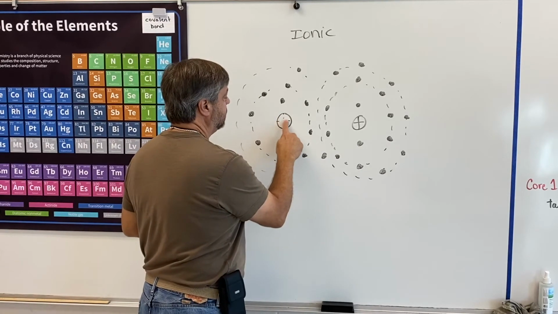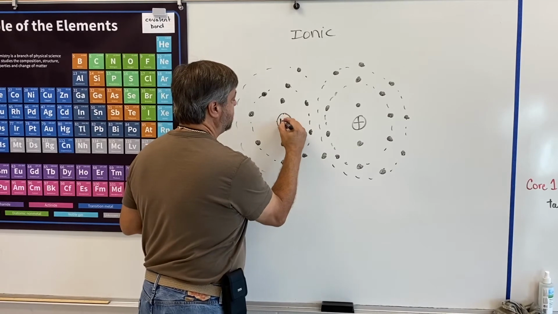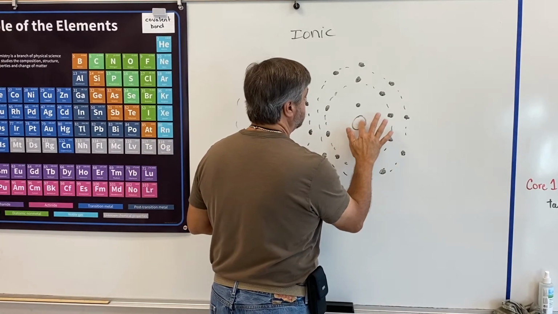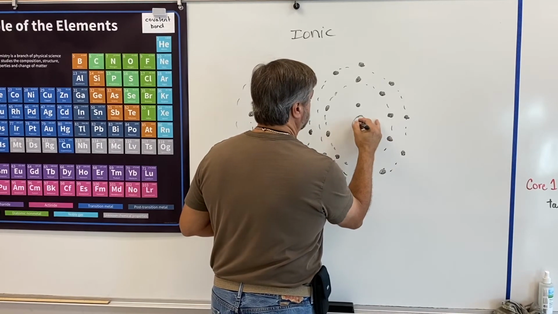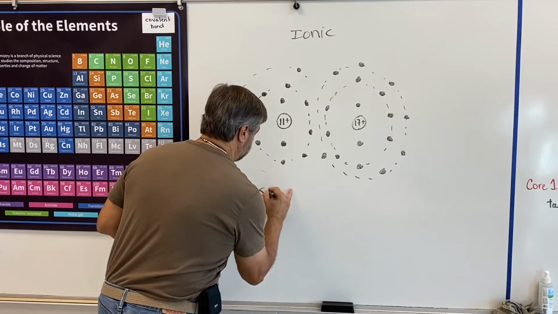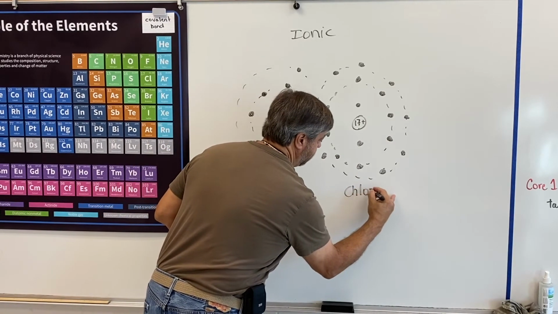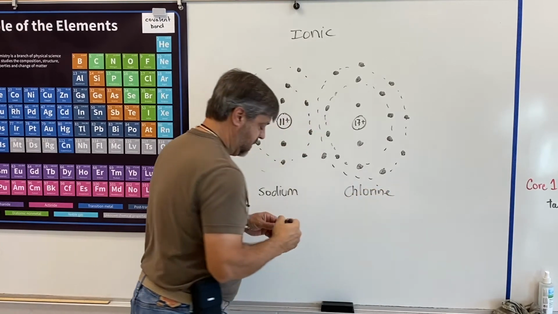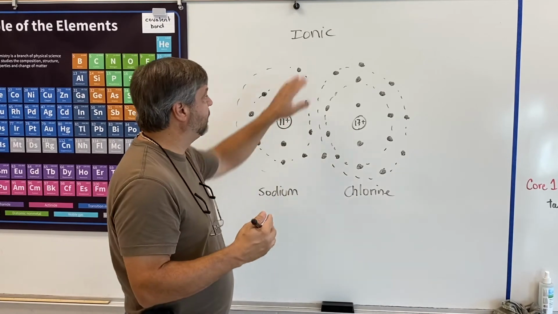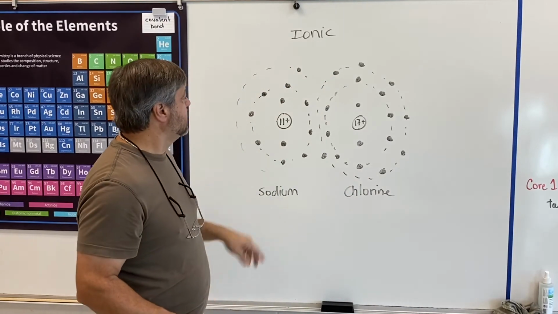I'm going to change my proton here from just a plus sign to 11 so that you can see that. And this is chlorine. So let me write down here sodium and chlorine. All right, so sodium is a metal, chlorine is a gas. So here, when you have an ionic bond, it happens between a metal and a non-metal.